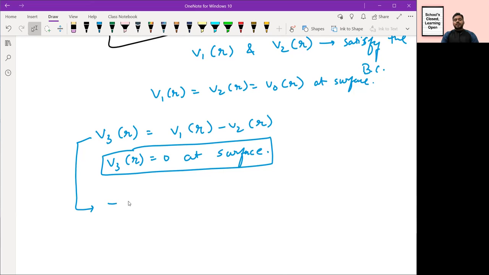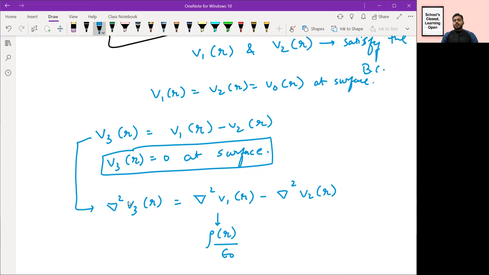Using again this equation, take del square on both sides: del square V3(r) equals del square V1(r) minus del square V2(r). Del square V1(r) is minus rho(r) by epsilon naught, minus minus rho(r) by epsilon naught. Now rho(r) is whatever the charge density is, it's not going to change, right? It is fixed with space.